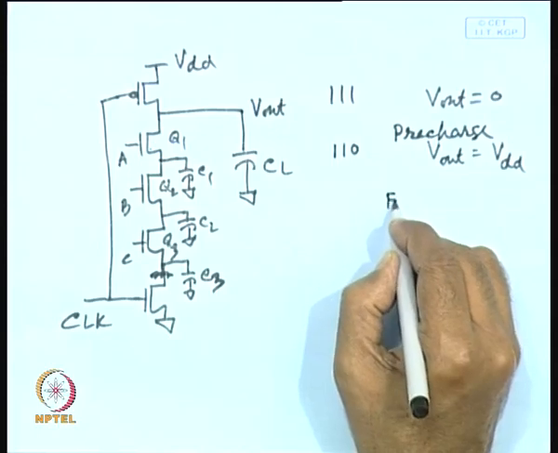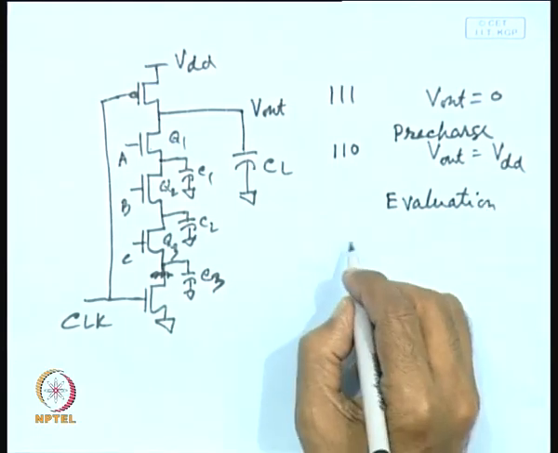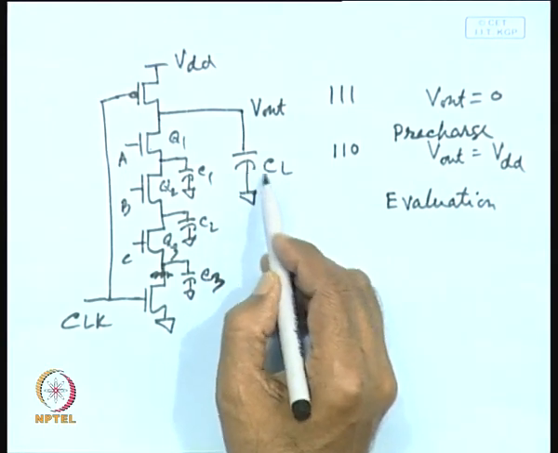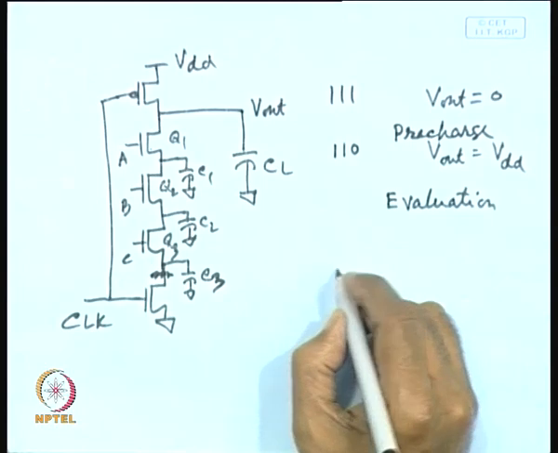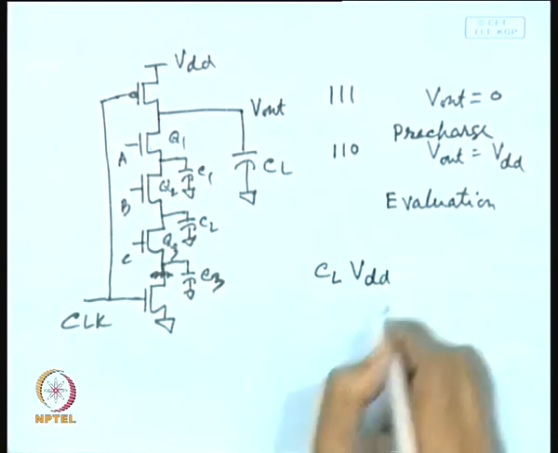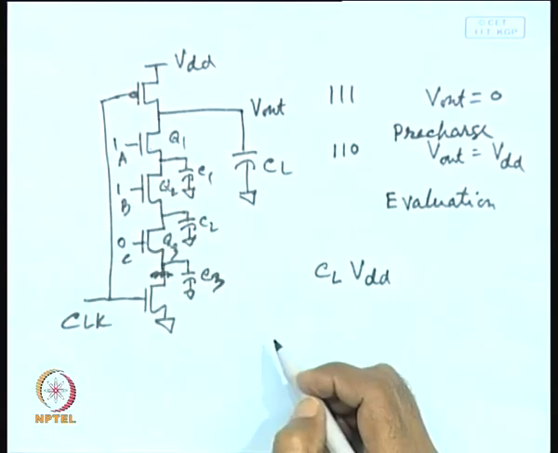During the evaluation phase, the charge accumulated on this capacitor is CL into VDD. So, A is 1, B is 1, C is 0.